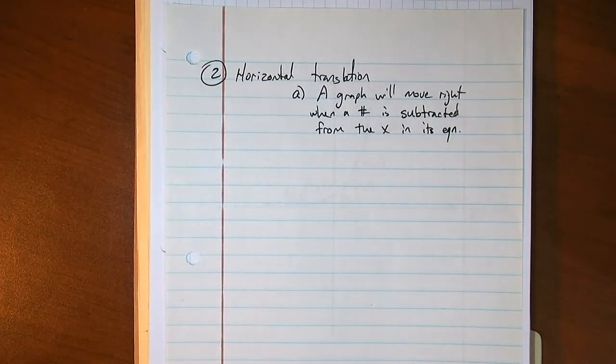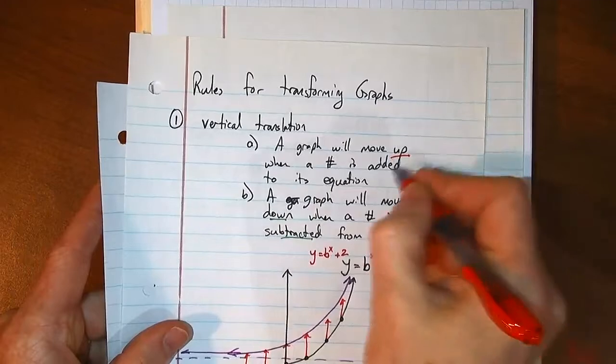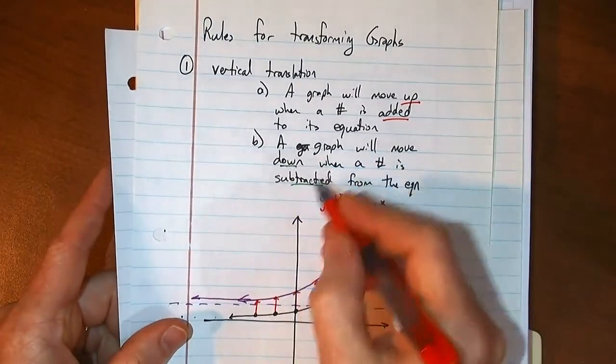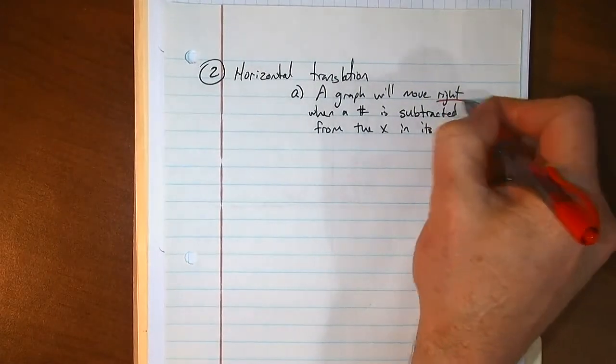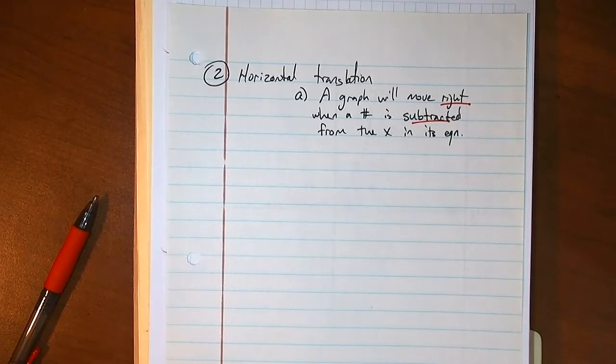Okay. Now, before we moved up when we added a number, and we moved down when we subtracted a number. In this rule, we move right when we subtract the number.